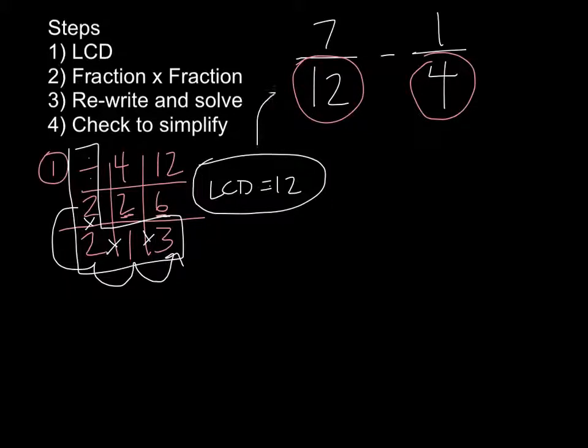So when I look back at my problem, I'm going to see if either of the fractions I already have has the denominator of 12. And 7/12 already has it. So now that I've completed step 1, I'm going to go on to step 2 and do a fraction times fraction. Now for step 2, I only need to change 1/4.